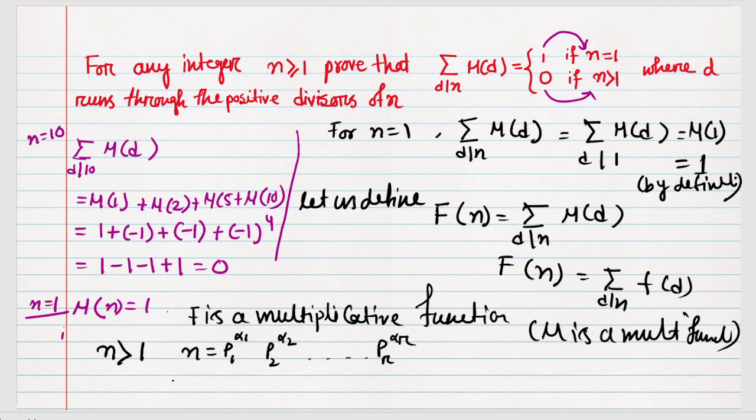So the value of capital F of n will be F of p1 alpha 1 dot p2 alpha 2 and so on up to pr alpha r. Since capital F is a multiplicative function, we can write this as F of p1 alpha 1, F of p2 alpha 2, F of pr alpha r.